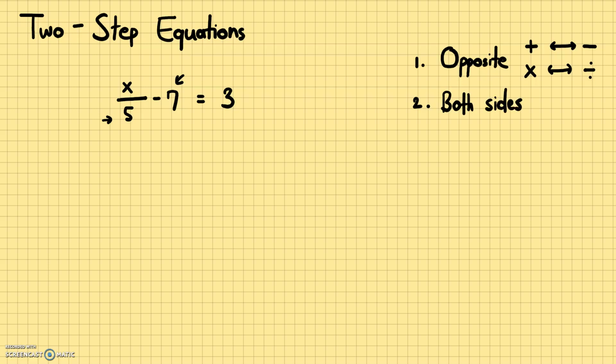Okay, and I would add a third rule for two-step equations. Because you need to do more than one thing here to solve for x, start in the reverse order of operations.